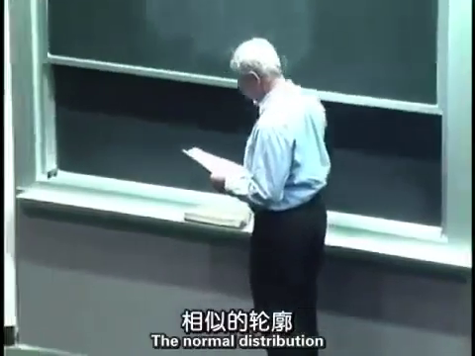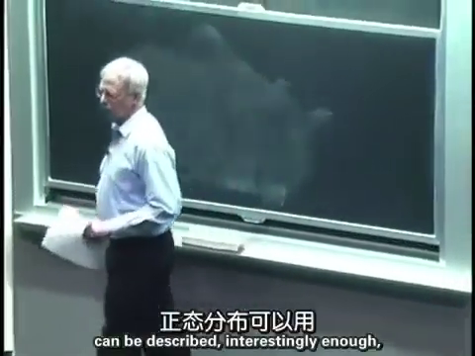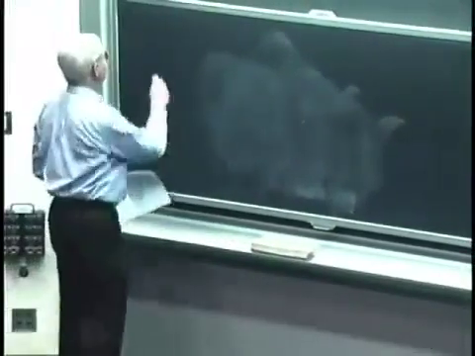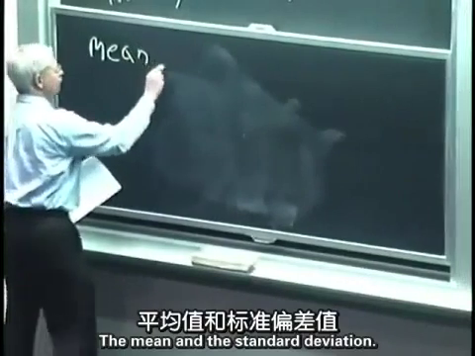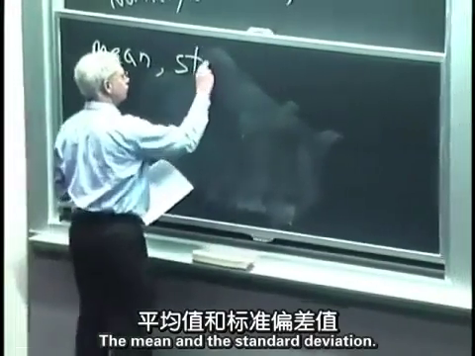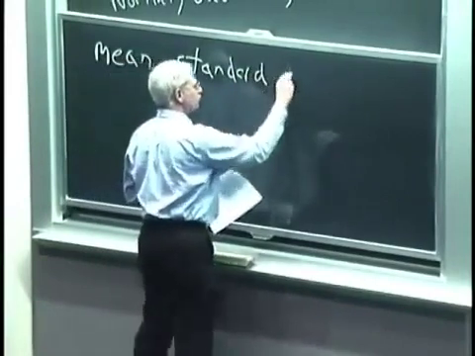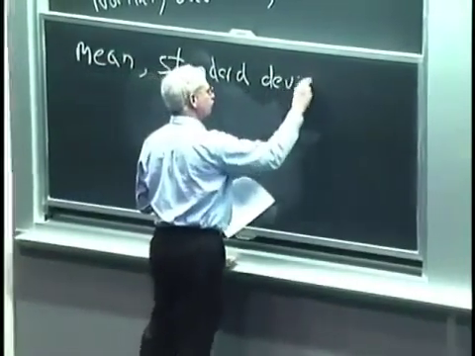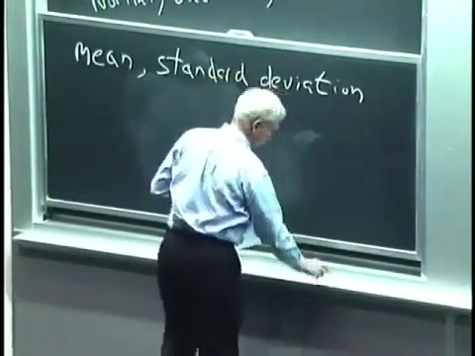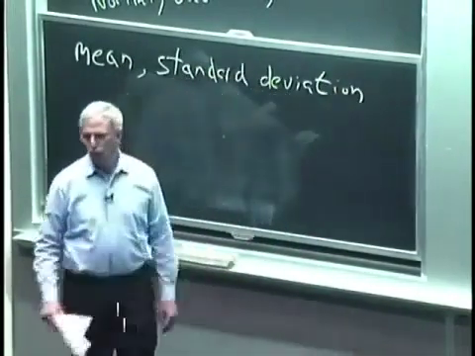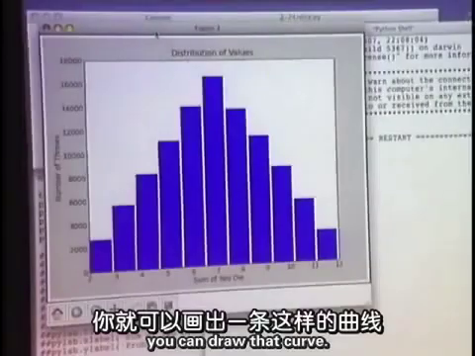The normal distribution can be described, interestingly enough, with just 2 numbers: the mean and the standard deviation. So if I give you those 2 numbers, you can draw that curve.